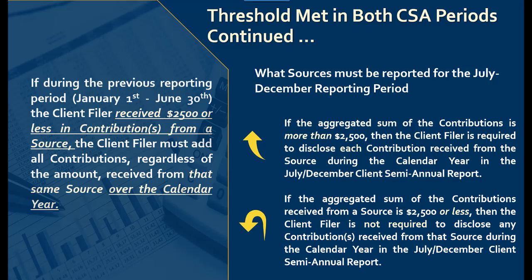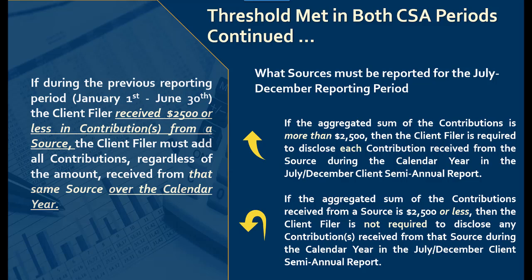This particular slide covers a scenario where the client filer has received contributions from a source during the July-December CSA period and received $2,500 or less in any contributions from that same source in the first CSA period. That means, of course, that the source was not required to be disclosed in the first CSA period that year.